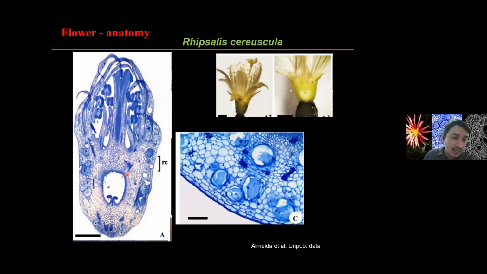It goes down to make the vascularization of the ovary, but has a ramification that goes to the stigma, and a step above it goes to the filaments of the androecium, passing to this dark region here, which is the beginning of the nectary, and other vascular bundles go to the tepals.